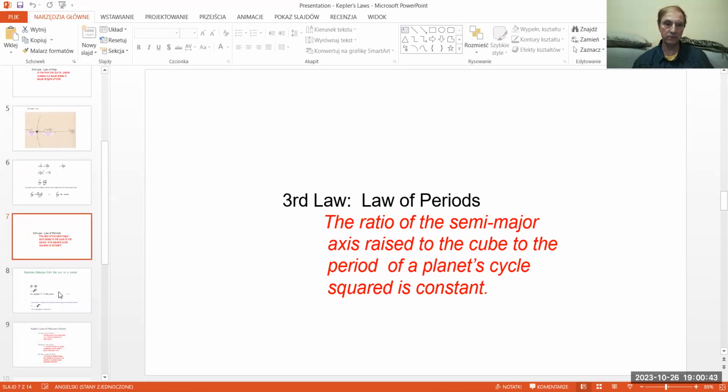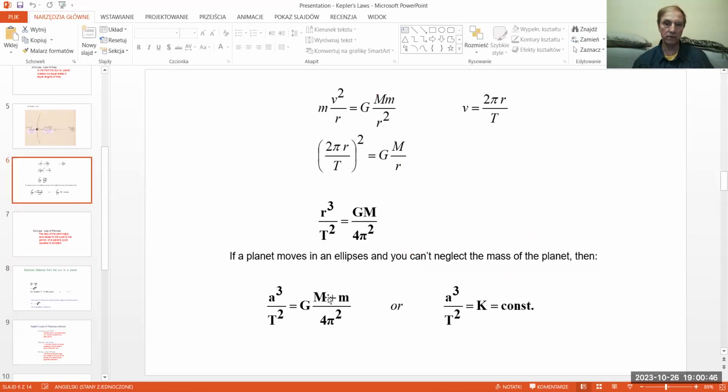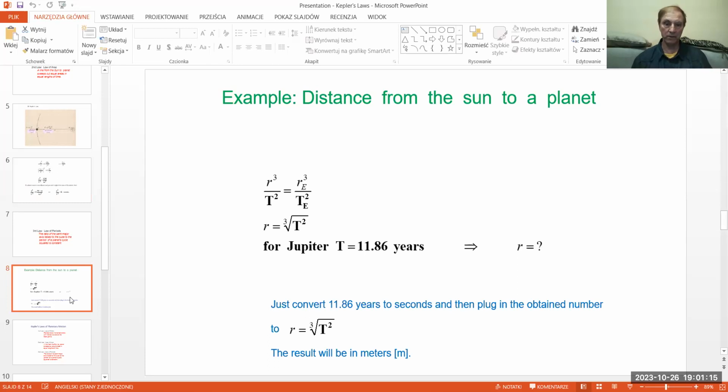And this is what you should know along with either this or this formula, provided that you understand that the letter K is a simplification for the right-hand side of this equation, G times uppercase M plus lowercase m divided by 4 pi squared. Okay, so those were the three Kepler's laws.